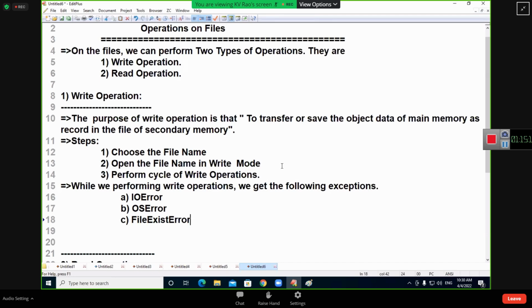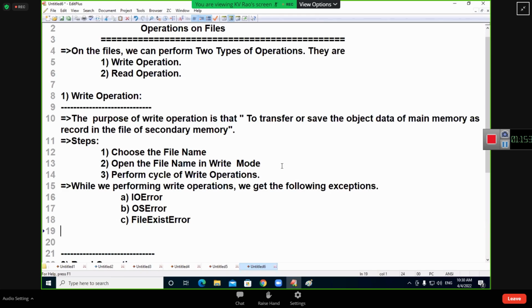Invalid key gives key error. Invalid index gives index error. Did you understand? I will show you these reasons, but remember OS error, file exist error, IO error. These are the things I am going to show in the class.